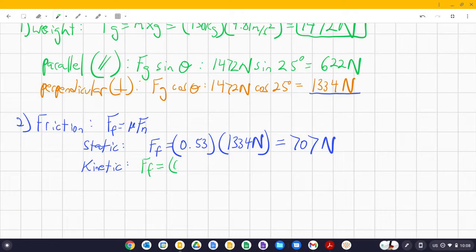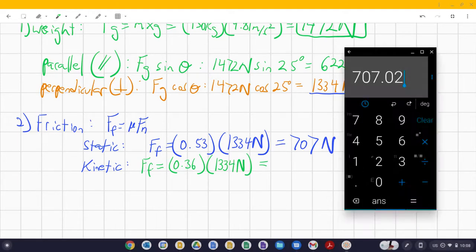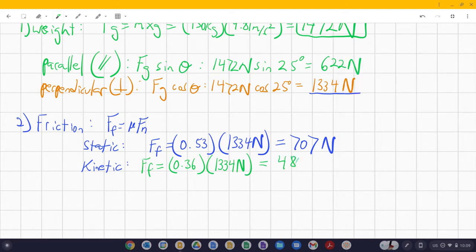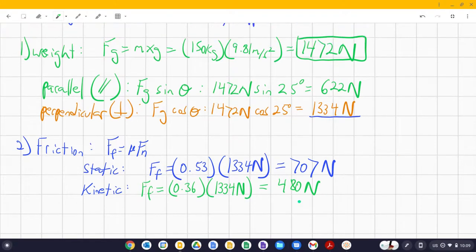So if it's sliding, that will be 0.36 times the normal force, which is the same as the weight that is pushing onto the surface, the perpendicular weight. All right. 0.36 times 1334. 480. All right. Now we have all our data and we can just analyze this.